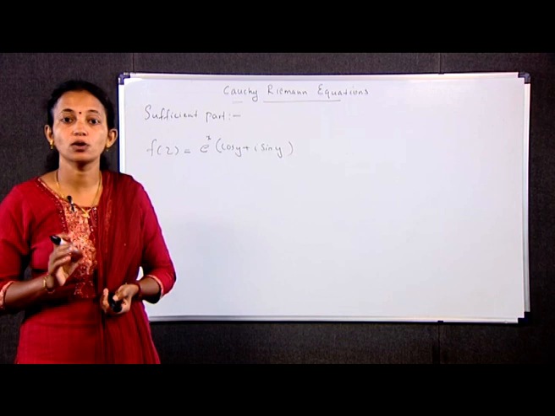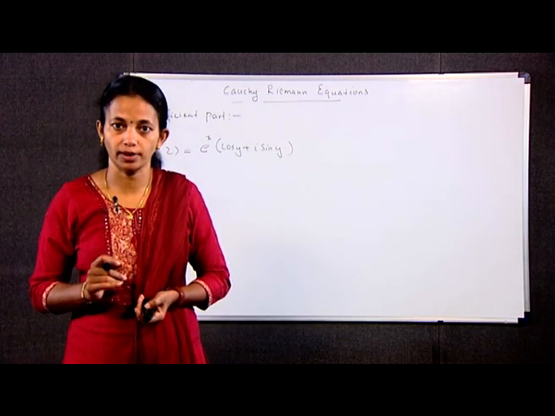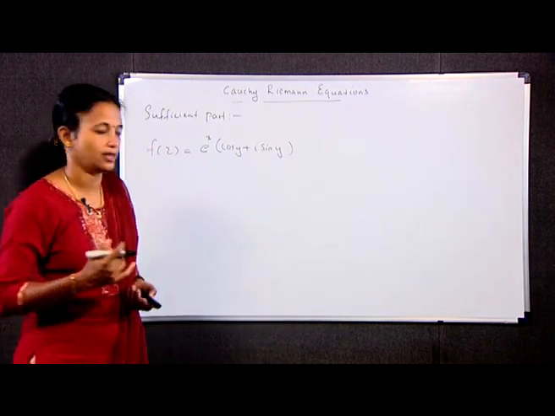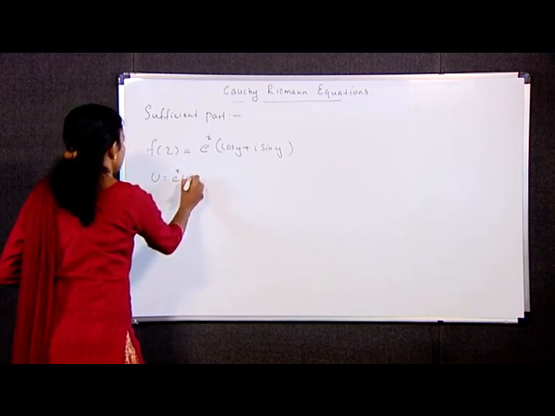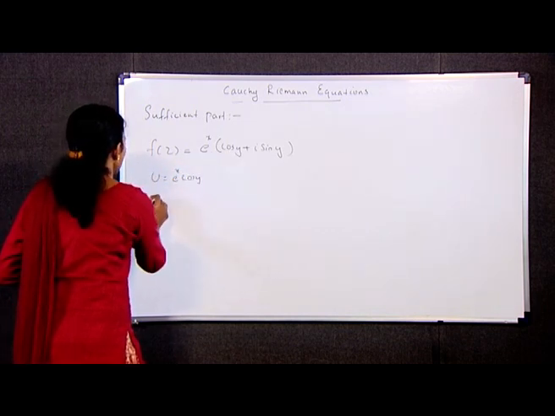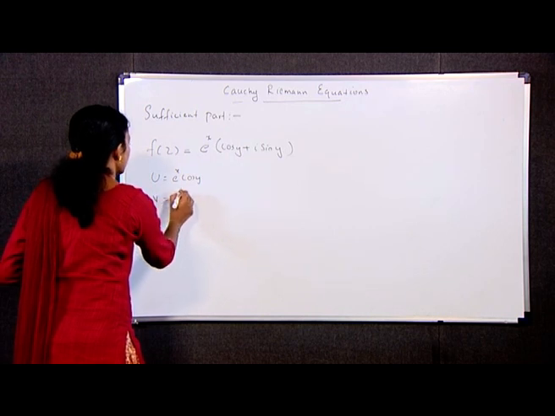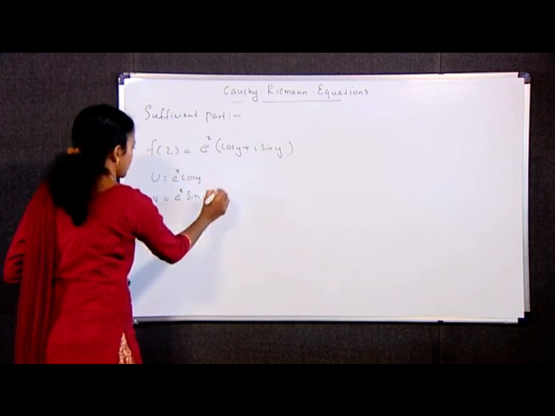Here u is equal to e raised to x cos y, and v is equal to e raised to x sin y.